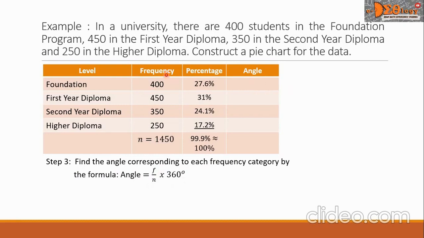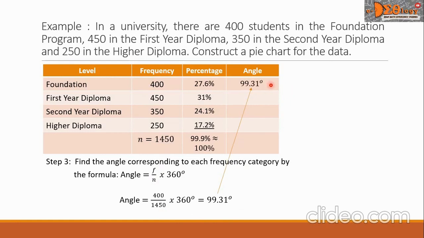It means, again, I'm going to use the frequency value and then divide by the N, 1450, times 360 degrees. This is equal to 99.31 degrees. This value we will copy on this blank.